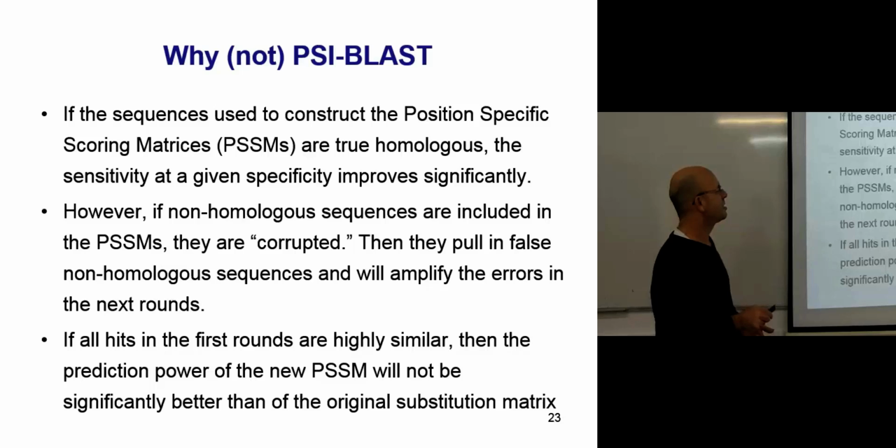If non-homologous sequences are included in the PSSM, it really corrupts the entire search, and the results are not going to be meaningful. Also, we need to remember that if all the hits in the first rounds are very, very similar to the original sequence, it's not so good for the search, because we are not using new information to expand our sequence search.